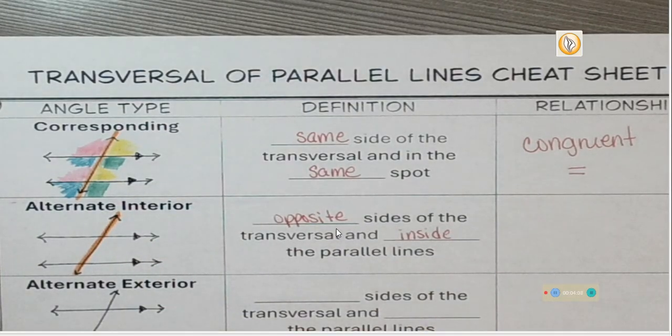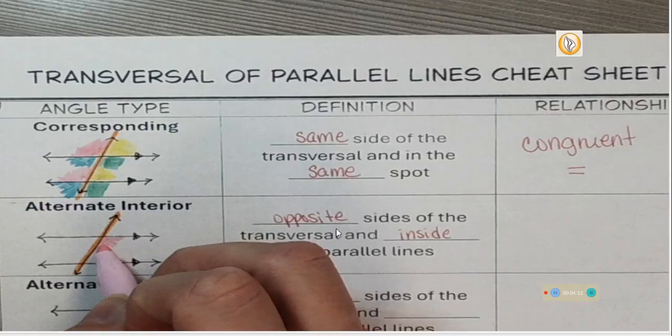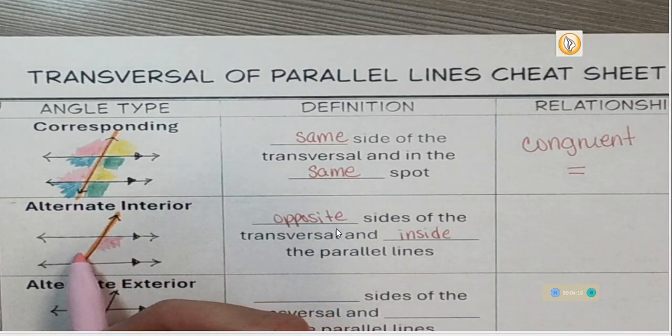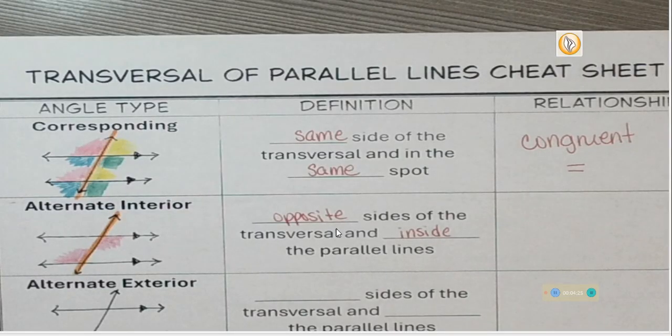So I'm going to choose an angle. I'm going to color this interior angle pink. Its alternate interior is on the opposite side, inside the parallel lines.